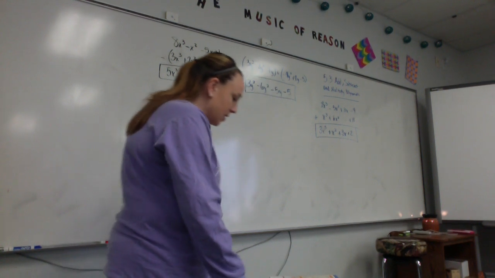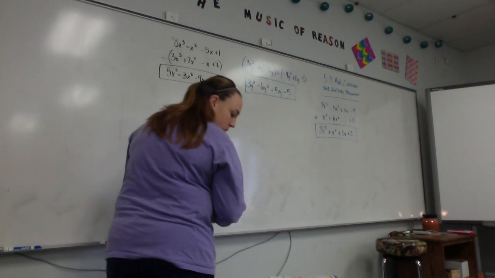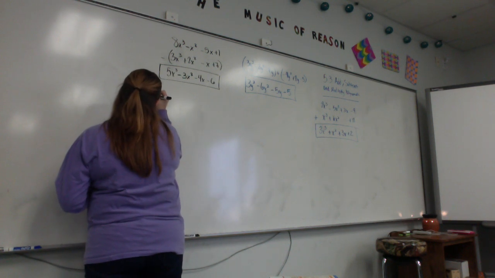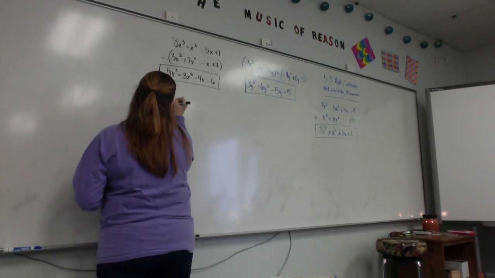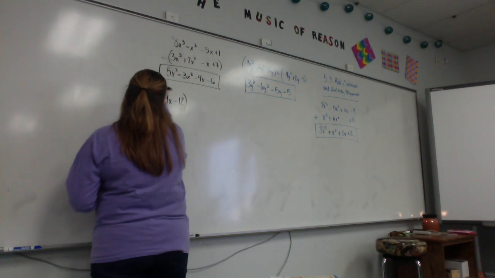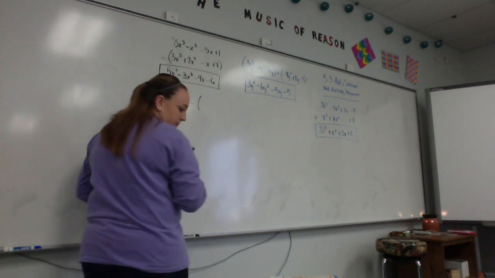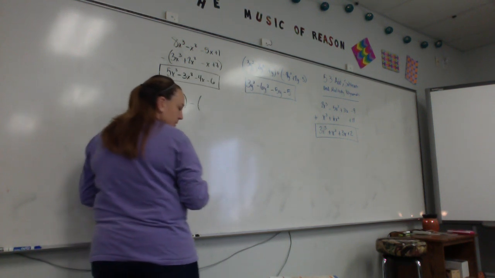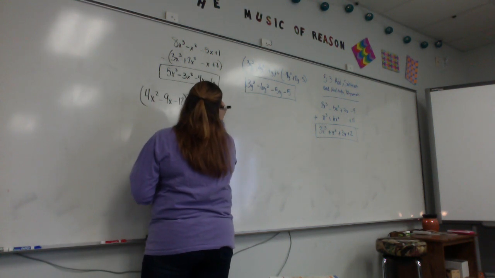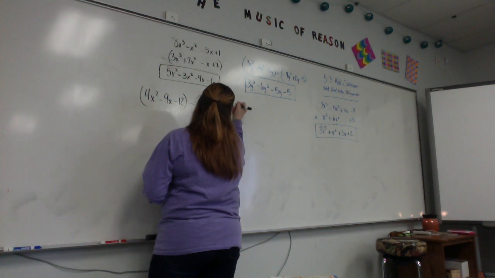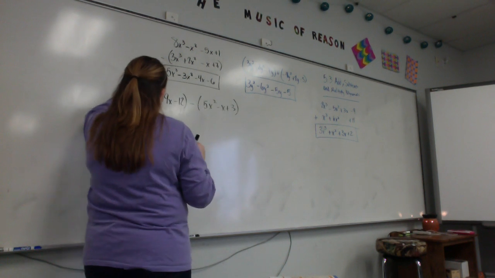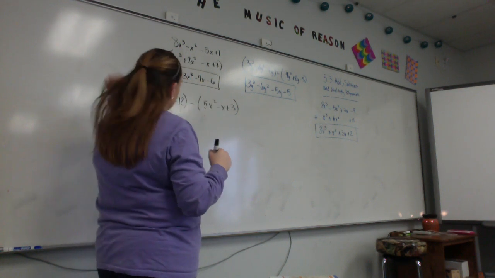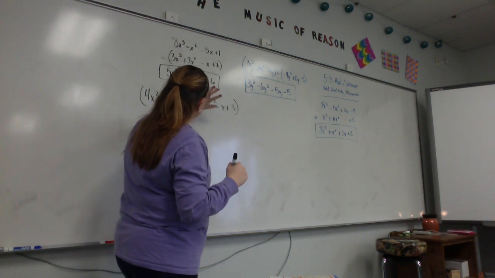Let's subtract horizontally. Let's do 4x squared minus 9x minus 12, minus 5x squared minus x plus 3. 4x squared minus 5x squared, what do you get?